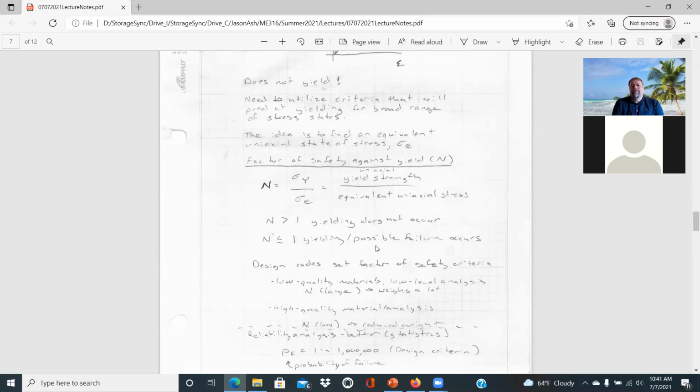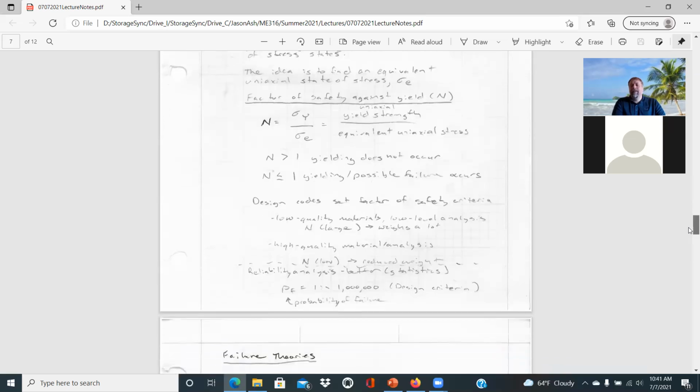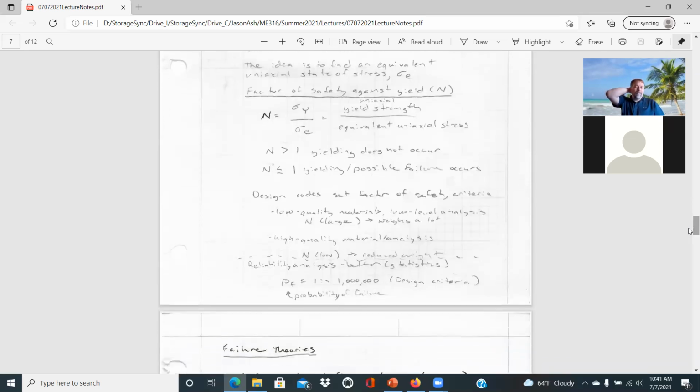And so that's where reliability analysis comes into play, using statistics to control the design criteria. Maybe you're in an application where it's fine if 1 in a million of these parts might fail. You could use that as your design criteria and design the part accordingly to achieve that probability of failure.